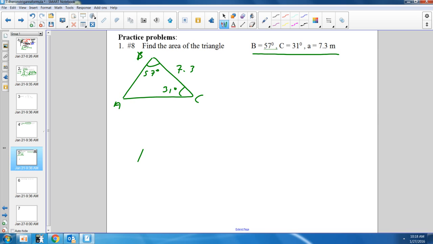And then you have your A. The first thing that I want to do is recognize it's an angle side angle, meaning you can use law of sines to get one part, and then after that you can use the area formula for the triangle. To find the missing angle, you take 180, subtract off both of those angles, and you're going to end up with 92 degrees.